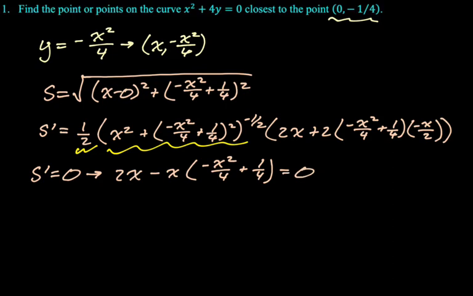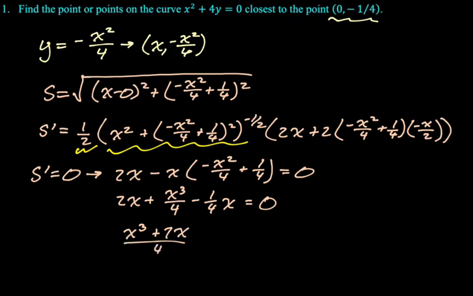Seems like it's going to be really hard, except it kind of isn't. It's not great, but if we distribute this, we'll get x cubed over 4 minus 1/4 x equals 0, and then if we collect like terms, we'll end up with x cubed over 4 and then 8x over 4 minus 1x over 4, which is 7x over 4. So we get x cubed plus 7x all over 4, which equals 0, which means you can multiply both sides by 4.